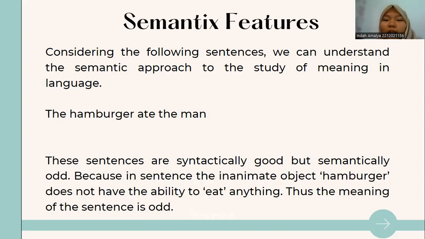The kind of noun that can be the subject of the verb eat must be capable of eating. The noun hamburger does not have this property, and the noun man does.